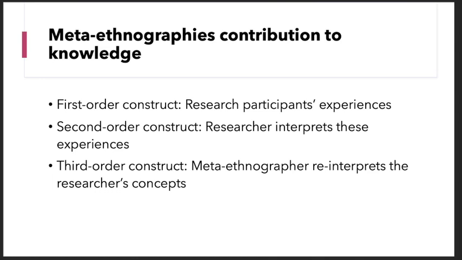This could be in the form of a quote or a summary of what they have to say about their experience. You can also code second order concepts. This would be the researchers' interpretations of what they have said. What meta-ethnography contributes is that it reinterprets the researchers' concepts.